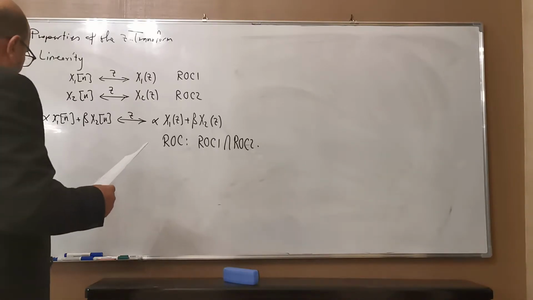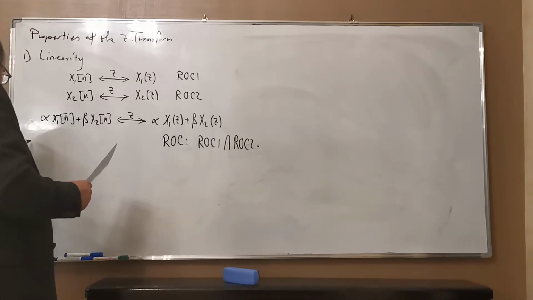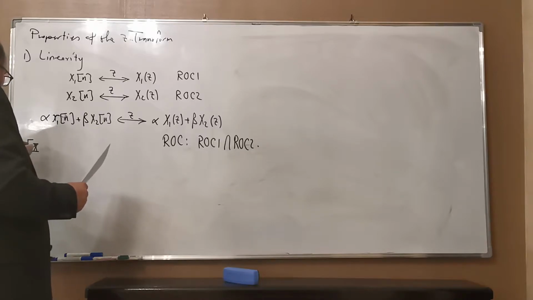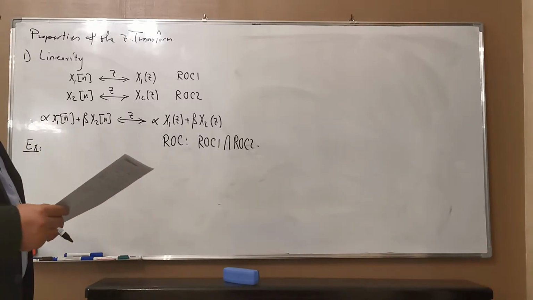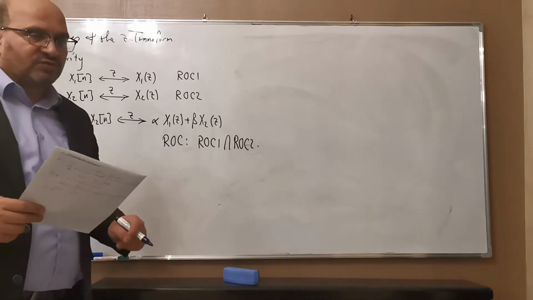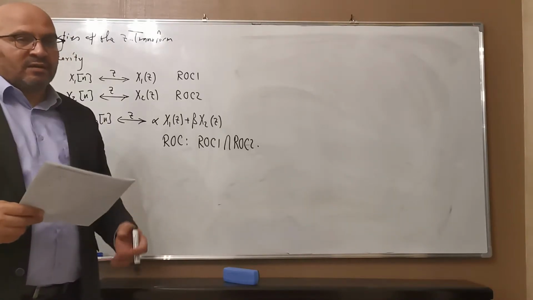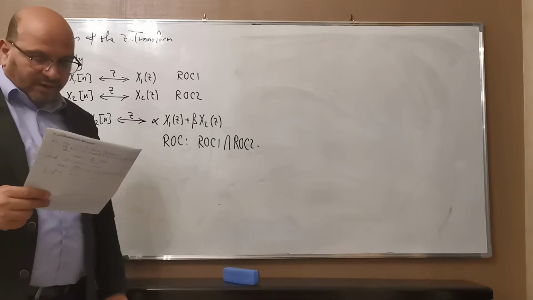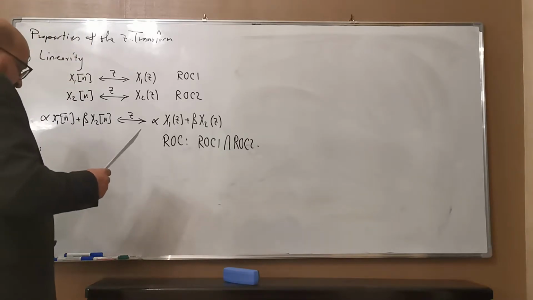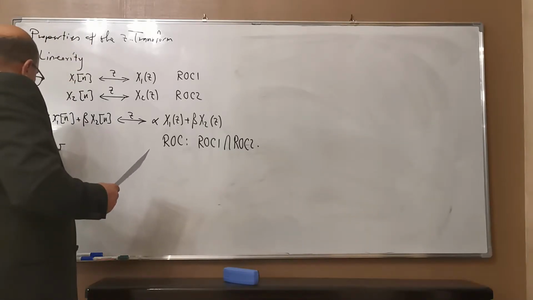Based on this, I'm gonna find part of the table that we have for the Z transform, which we are going to use for doing the inverse of the Z transform by inspection. The examples here are two examples.